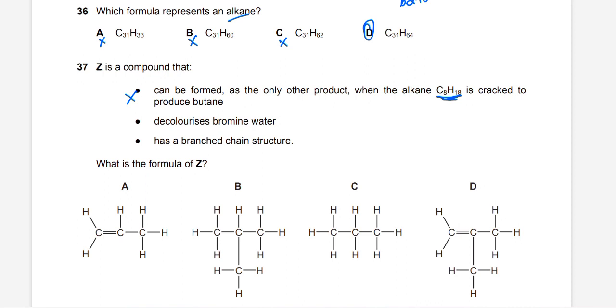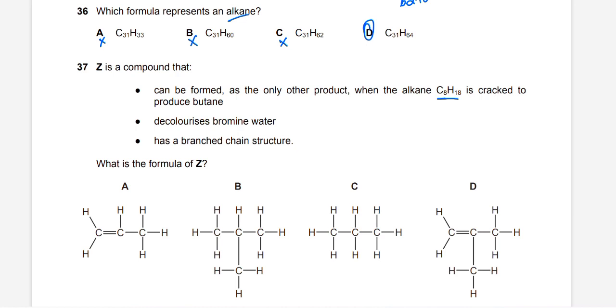Z is a compound that decolorizes bromine water. These are the statements. Z is a compound that can be formed as the only other product when the alkane C8H18 is cracked to produce butane. When butane is formed, Z is also produced with it.